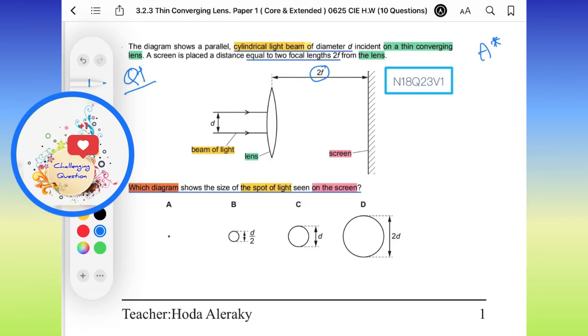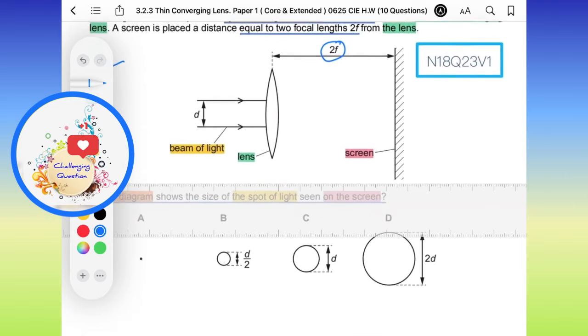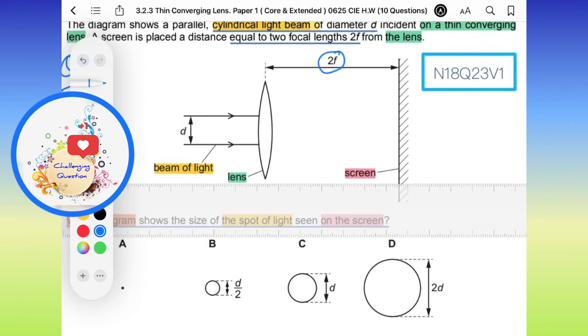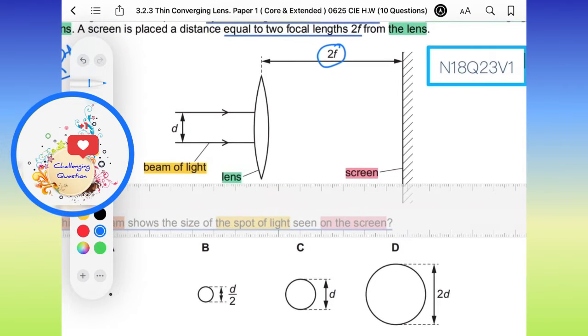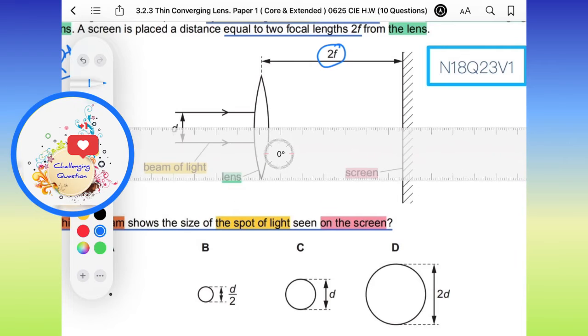I prefer drawing, it is very important here, and you should mark the optical center and the focus so you can get the refracted rays, how they will be refracted and what will be the size of the spot.